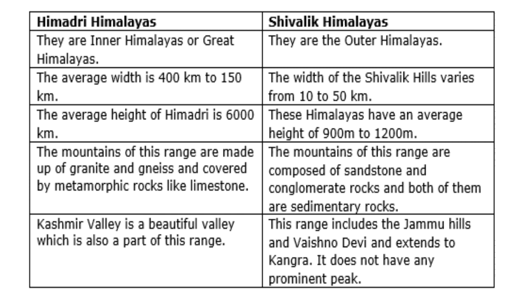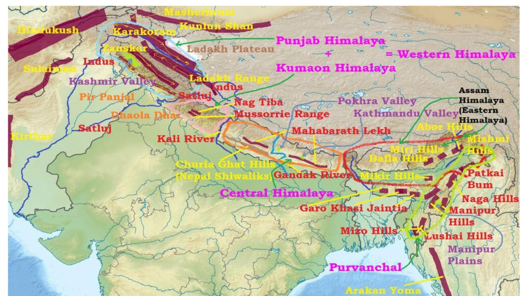These ranges are composed of unconsolidated sediments brought down by rivers from the main Himalayan ranges located further north. The valleys are covered with thick gravel and alluvium. The longitudinal valleys lying between the Lesser Himalaya and the Shivaliks are known as Duns, such as Dehra Dun, Kotli Dun and Patli Dun, which are some of the well known duns.